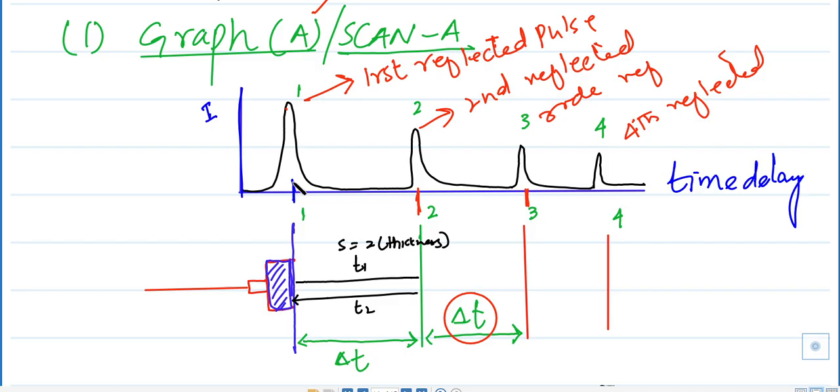So when we receive pulse number 1, that is the highest peak, which means its intensity is highest. It is the first reflected pulse. Then the second peak is the second reflected pulse, then the third reflected pulse, the fourth reflected pulse.